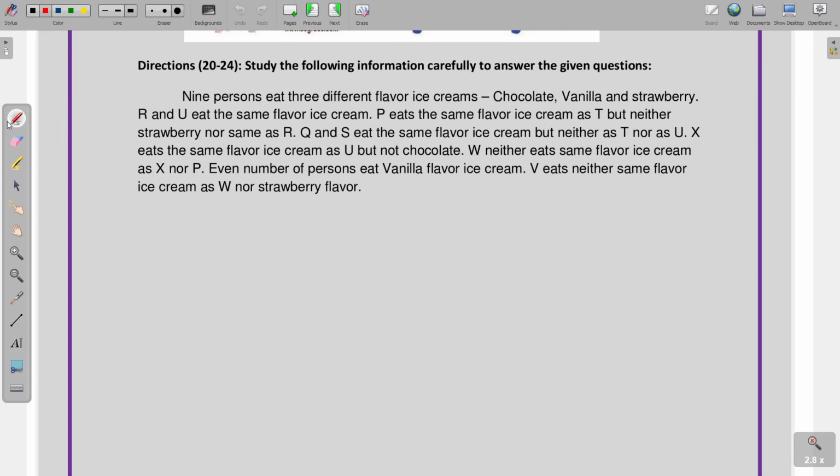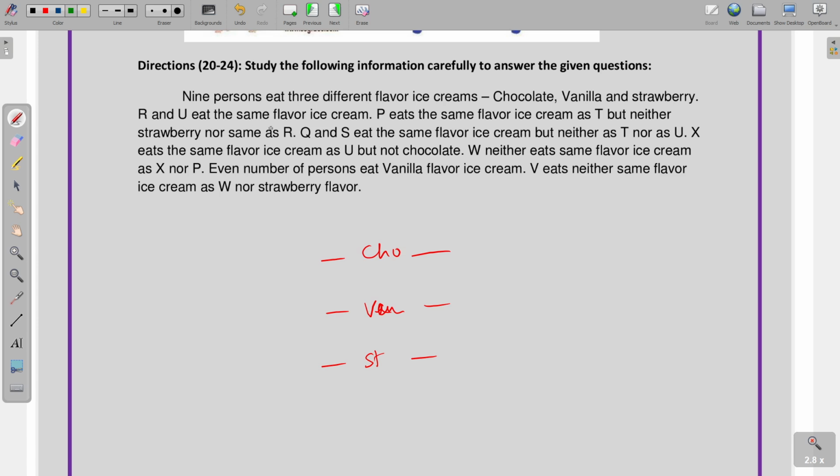Directions 20 to 24. Nine persons eat different flavors of ice cream: chocolate, vanilla and strawberry. So here we have 3 ice creams, chocolate, vanilla and strawberry. There are 9 persons. See the first one.